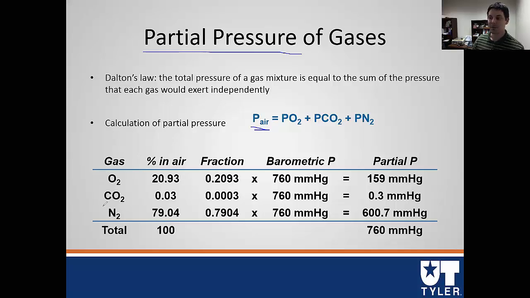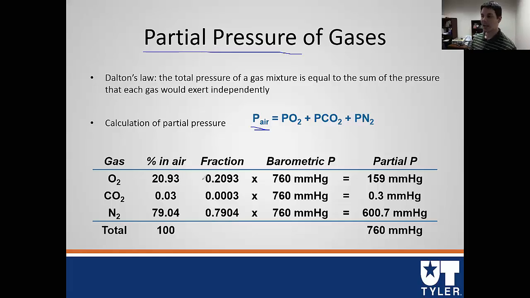If we look up the makeup of the air that we breathe, for the most part, outside of a few trace percentages, it's made up of three parts. About 20, a little bit less than 21% of air is oxygen. CO2 is about 0.03%, so very low, and the majority of the air that we breathe is nitrogen, about 79%.